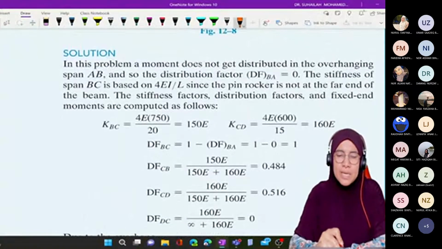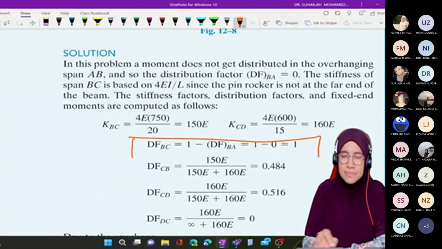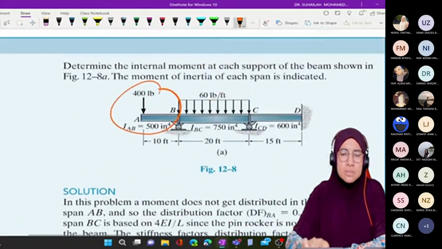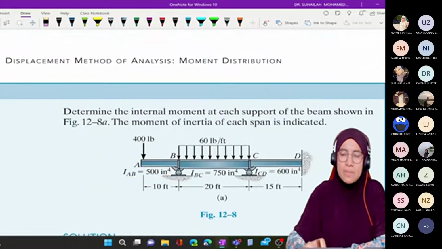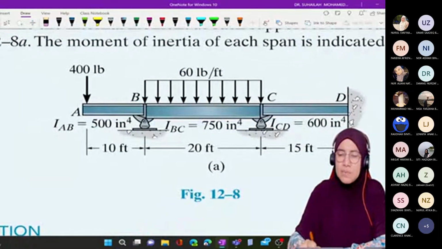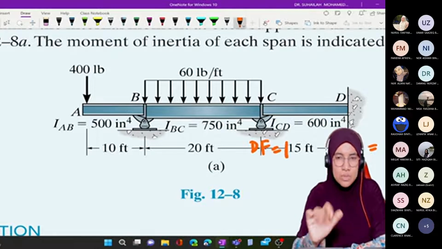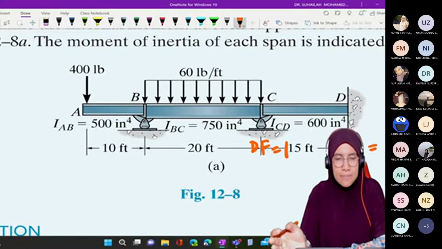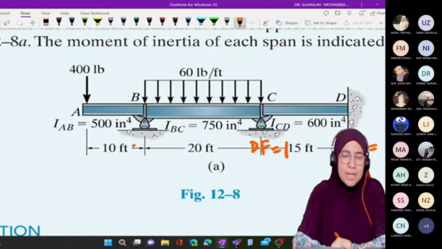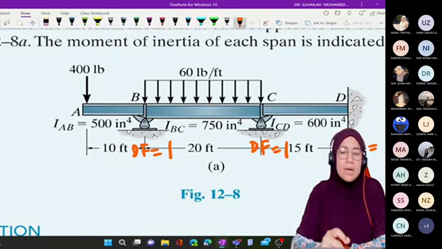the distribution factor at BC, which is a bit special. When we analyze this, always remember that the distribution factor of D, because it is a fixed end, must equal 0. At C, the distribution factor total is 1, CB plus CD. At B, again, the distribution factor must equal 1, a combination of BA and BC.